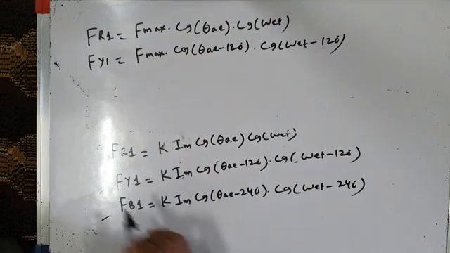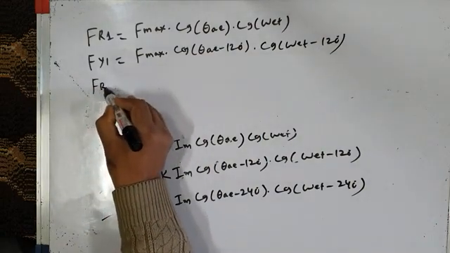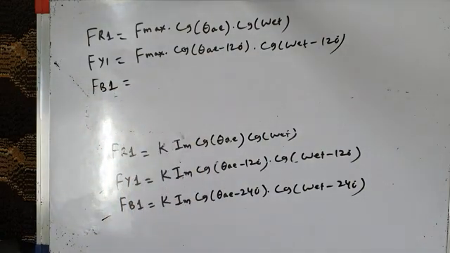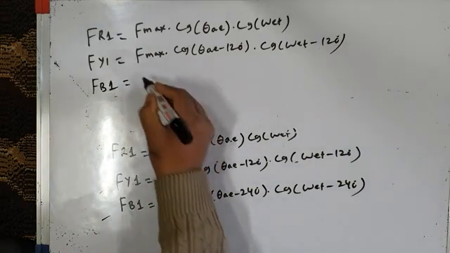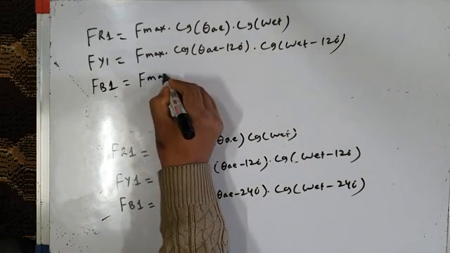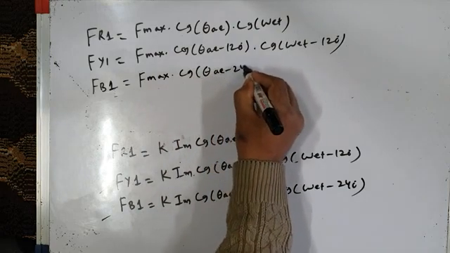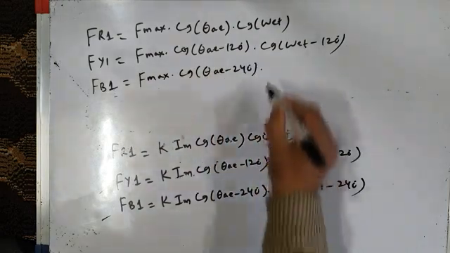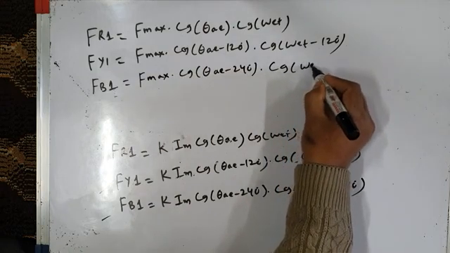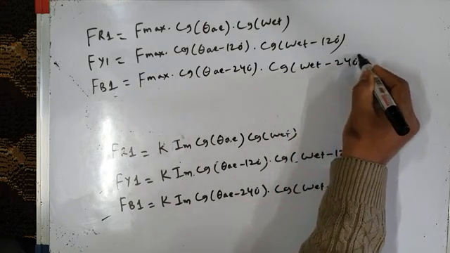Let us do it for B phase. The fundamental component of B phase MMF, FB1, is equal to K into IM, F max again, cos of theta AE minus 240 degrees into cos of omega ET minus 240 degrees. Fine.